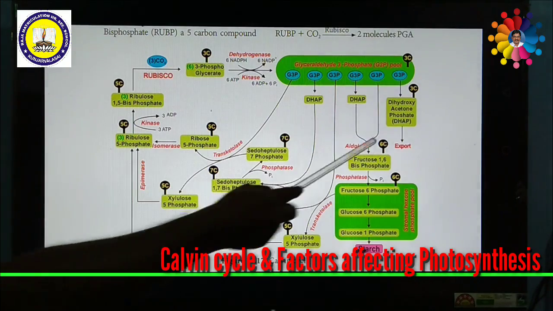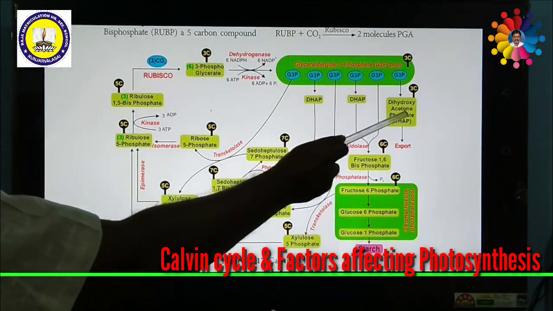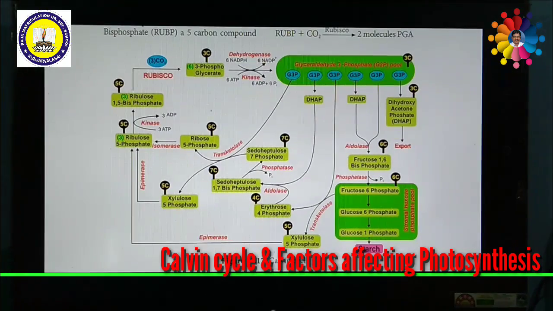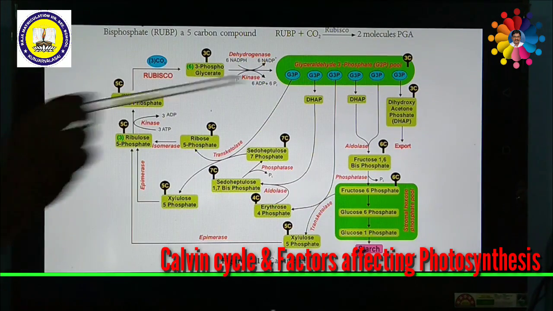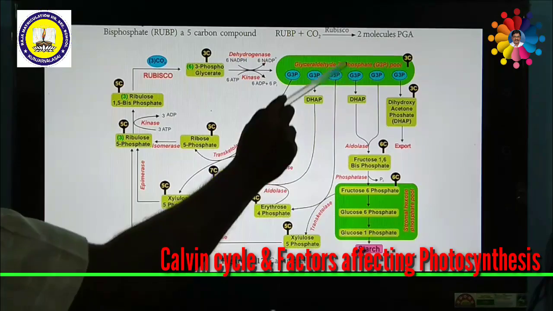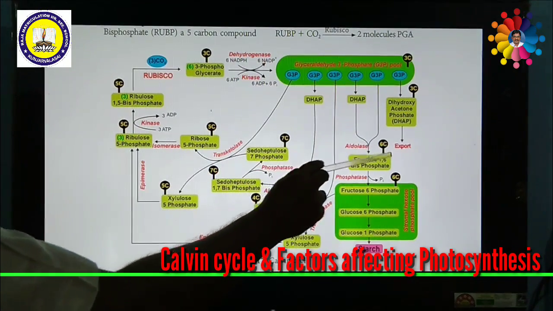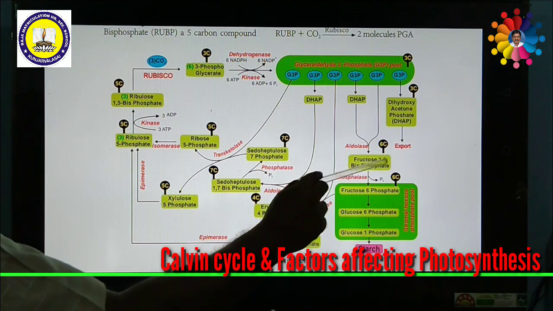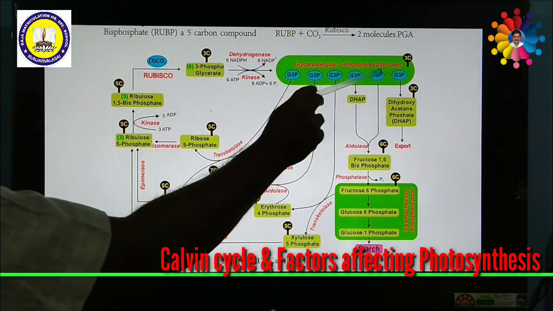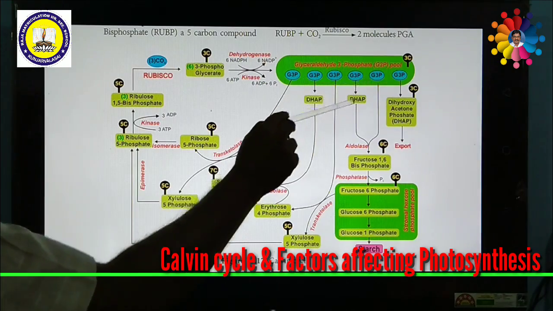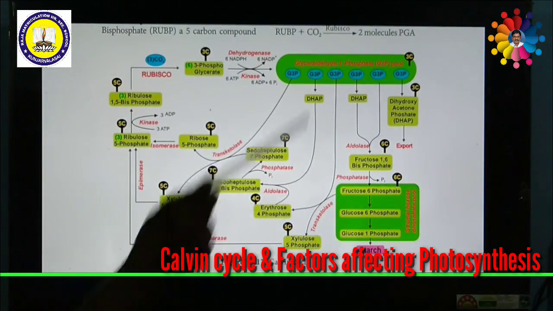Some of the glyceraldehyde 3-phosphate converted into dihydroxyacetone phosphate will be exported out. Then the glyceraldehyde 3-phosphate is combined with dihydroxyacetone phosphate with the help of an enzyme called aldolase to form fructose 1,6-bisphosphate. Glyceraldehyde 3-phosphate and dihydroxyacetone phosphate are both 3-carbon compounds.